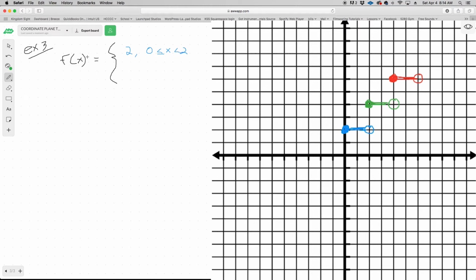Let's look at the green one. It looks like the value is 4 when x is in between 2 inclusive and 4. And it looks like the value is 6 when x is in between 4 inclusive and 6. Does that make sense? That's not too bad, right?